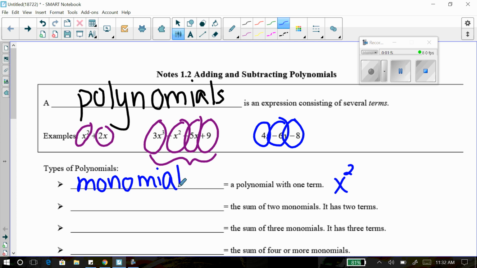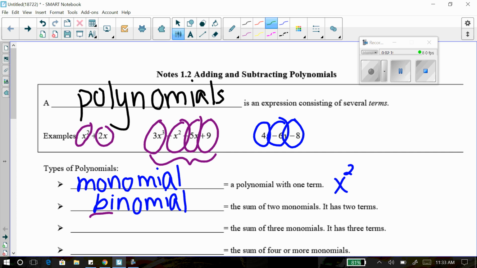The sum of two monomials, meaning two terms, is a binomial. Remember that the prefix bi means two. So a bicycle has two wheels, right? So a binomial is just a polynomial with two terms.